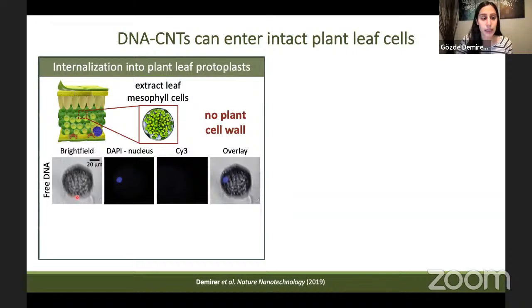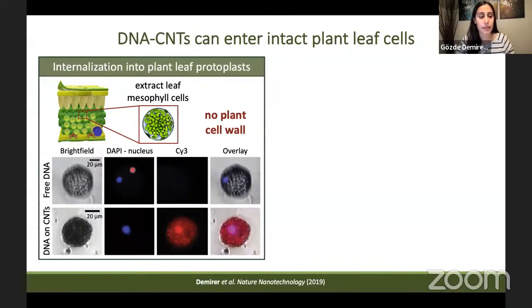So here we are looking at an extracted protoplast on the left, and we stained its nucleus using the stain DAPI that's shown in blue, and then we have the DNA labeled with Cy3, which is a red fluorophore. In this case, we are delivering the free DNA without carbon nanotubes, and we don't see any internalization of this DNA into the protoplast.